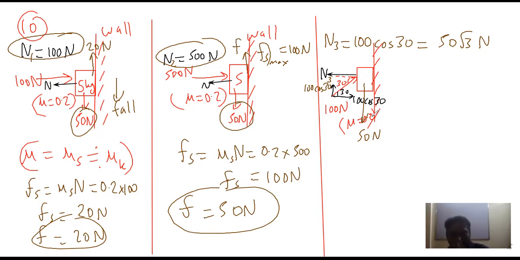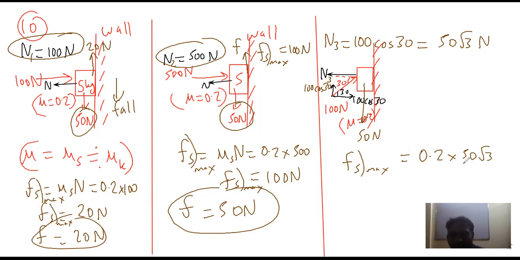In third case, let us consider maximum value of friction. So maximum value of friction is mu s N, which is 0.2 into normal reaction, which is 50 root 3.